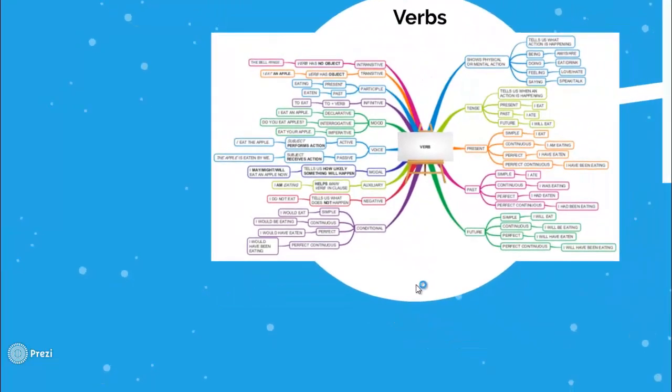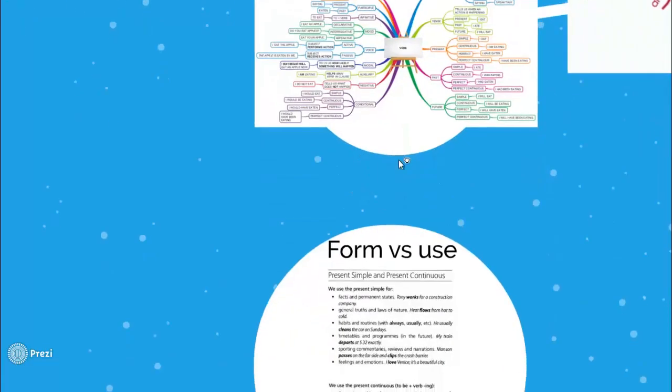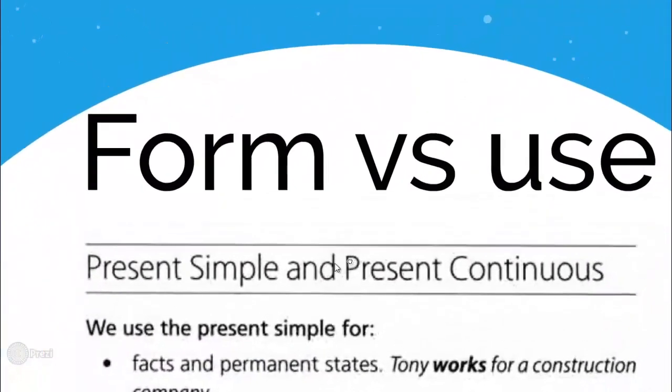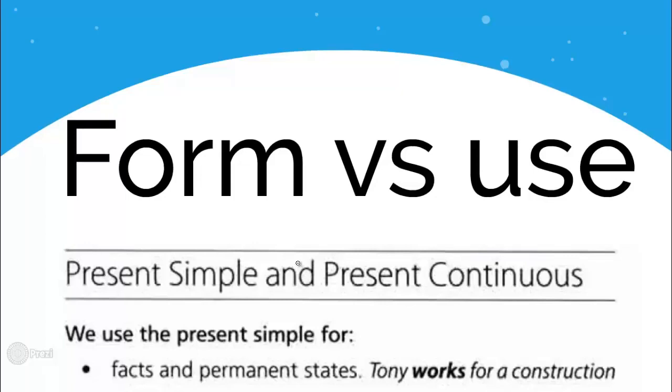Now, there is a very important aspect when talking about verbs. Look, you know that there is a form of the verb. So you know that, for example, for simple present, we add s to the third person. We keep that form, whether we are negating or asking a question.